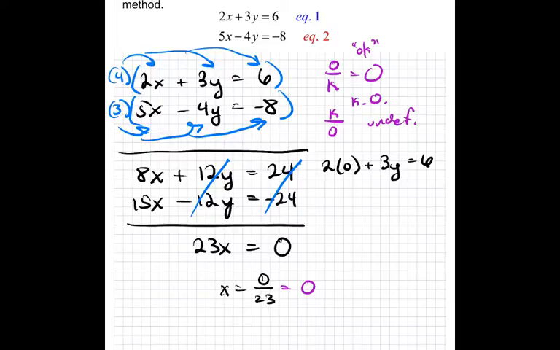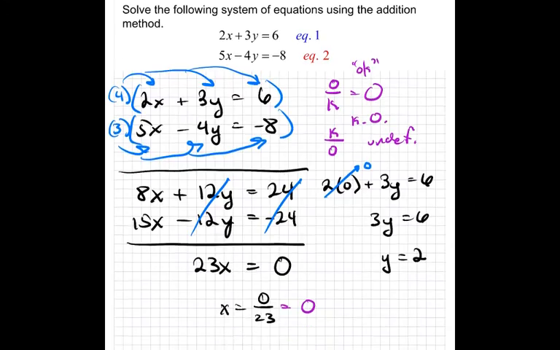So this means that 3y equals 6 because all of this goes to 0, right? Divide both sides by 3, y equals 2. Okay, so our claim is that the ordered pair 0, 2 should work and should be the solution to the system.